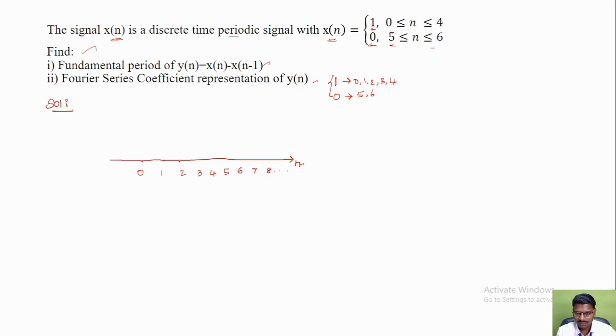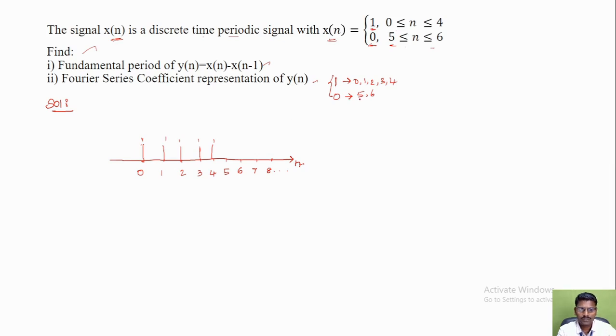This is my discrete samples, and the corresponding amplitudes are, for the samples 0, 1, 2, 3, 4, starting from 0 to 4, the amplitude is 1, and for 5 and 6 the amplitude is 0. So for 0 it is 1, 1 it is 1, 2 it is 1, for 3 it is 1, and for 4 it is also 1. So this is the amplitude for these samples.